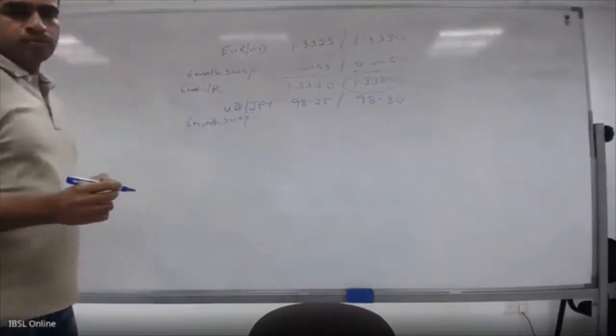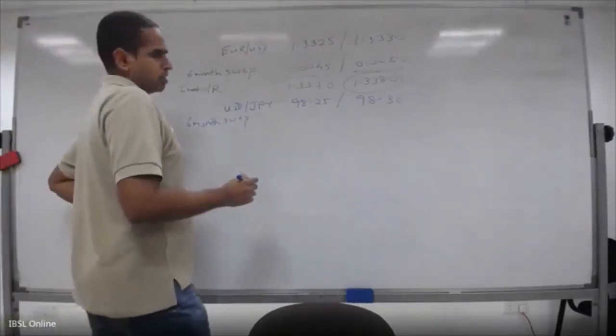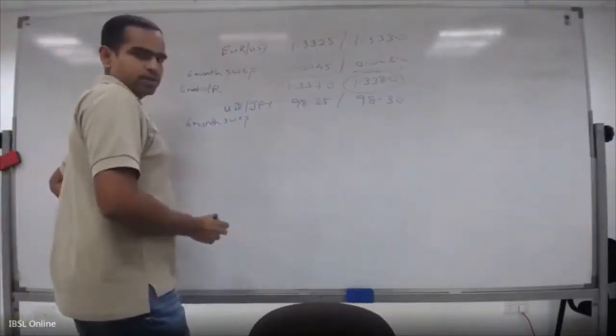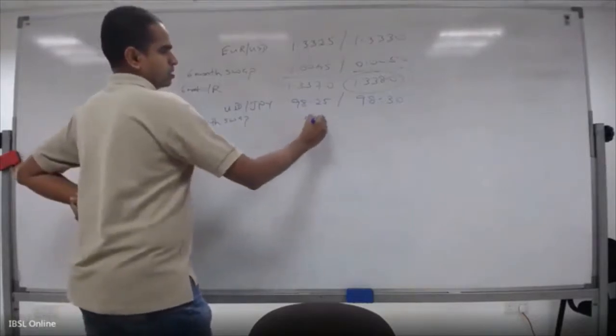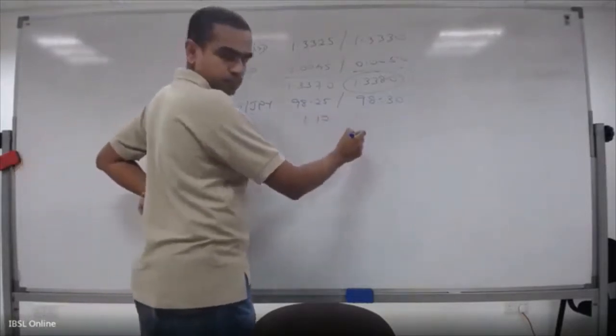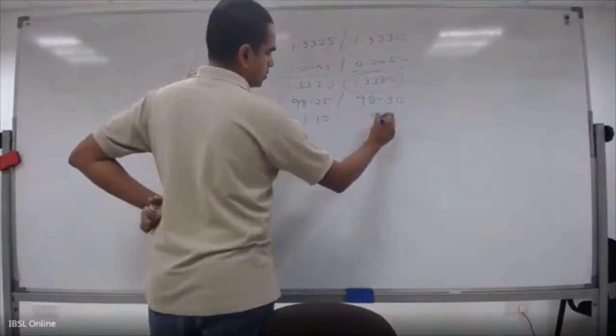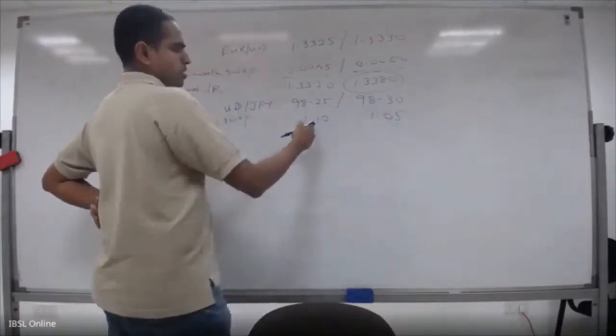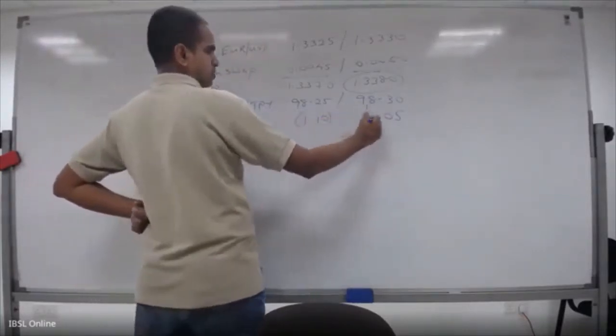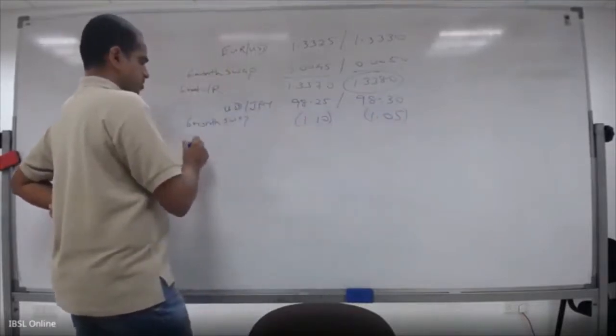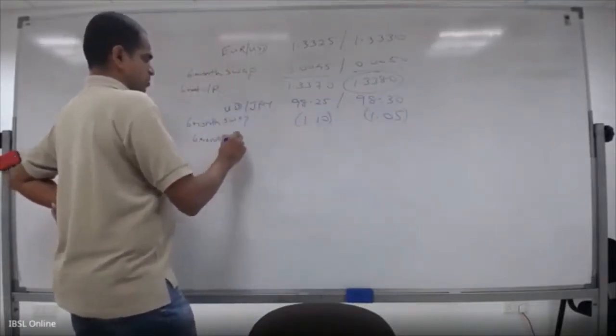Six-month swap, 110, 105. So 2 decimals means you have to divide by 100. It's 1.10, 1.05. Bid is higher than offer, so this is minus. So the 6 month outright.